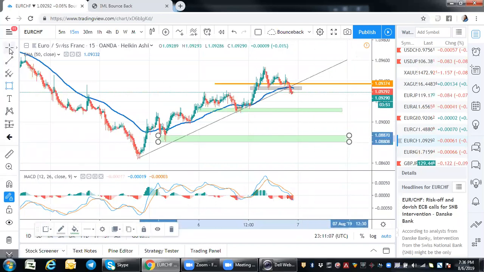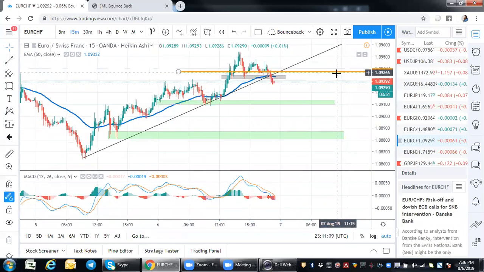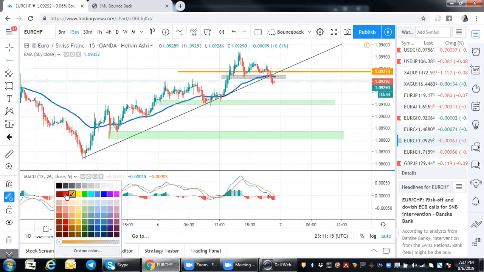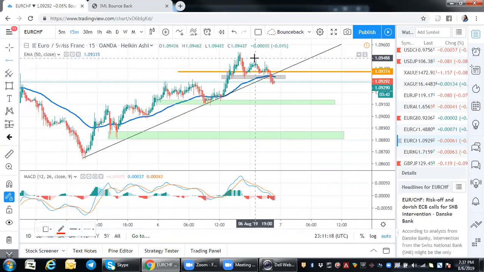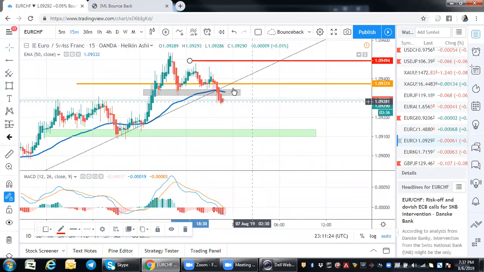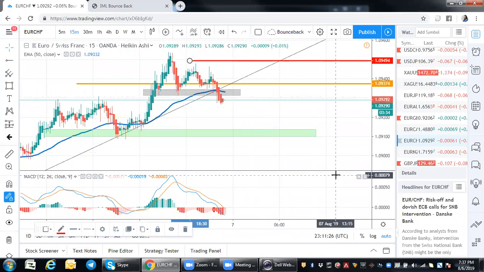Right? Those are my take profit zones. Stop loss, just above there. Right? Just above there. So I hope everybody's following. Right?